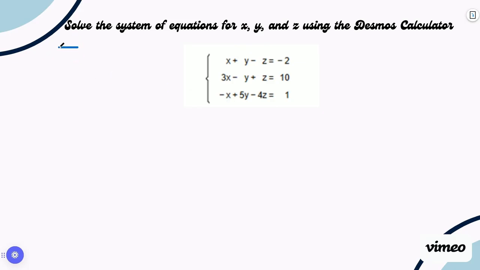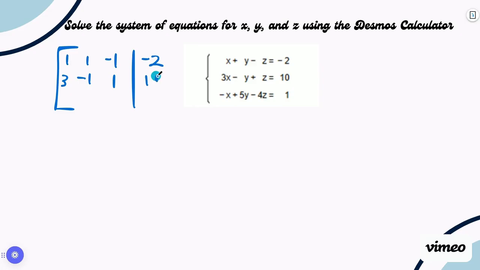The way we did that is we look at the coefficients. The coefficients in this first equation are 1, 1, negative 1, and the answer to the first equation is negative 2. On our second equation, we're going to have 3, negative 1, 1, and the answer is 10.